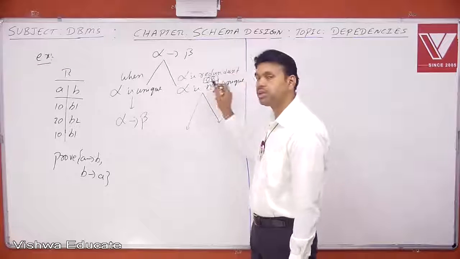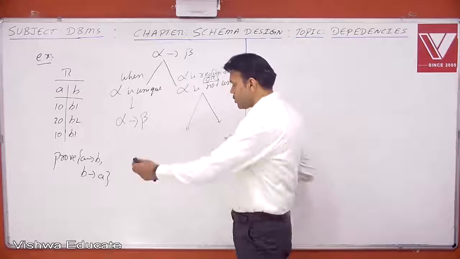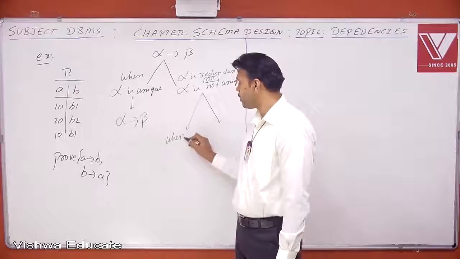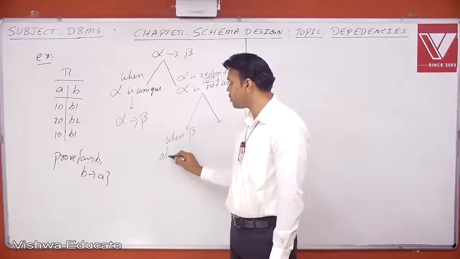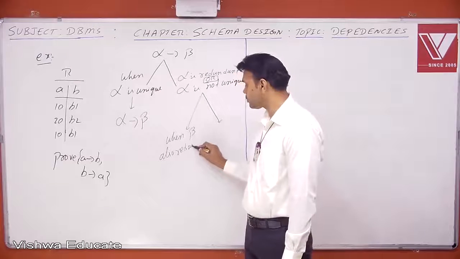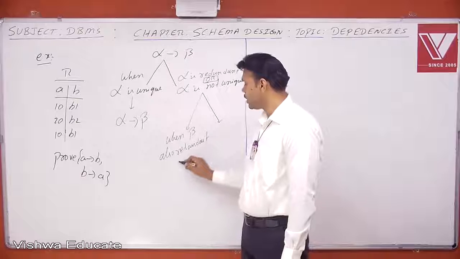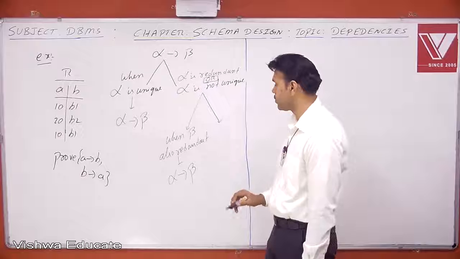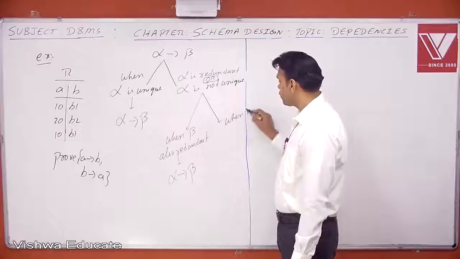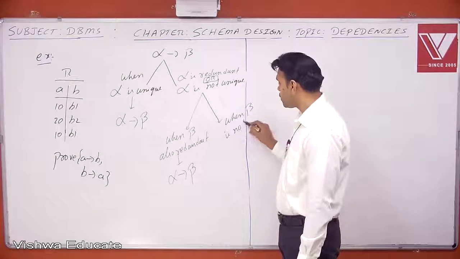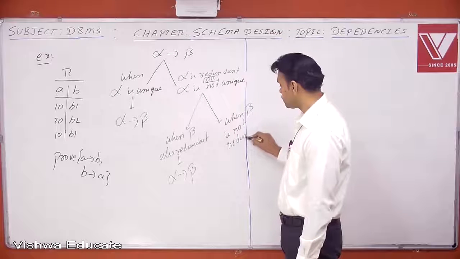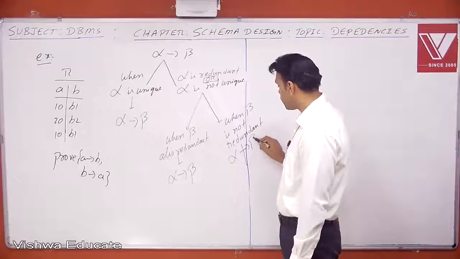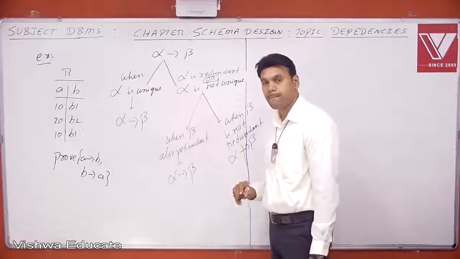When alpha is redundant, you need to check one condition: whether beta is also redundant. In this case, automatically alpha gives beta. When beta is not redundant, then I can finally prove alpha does not give beta.